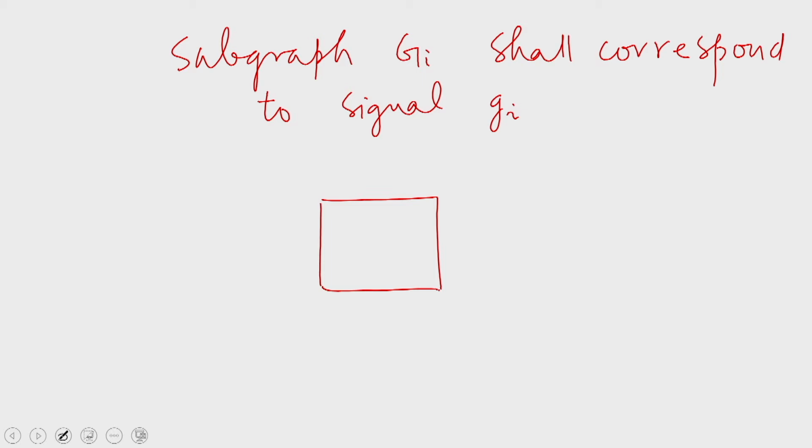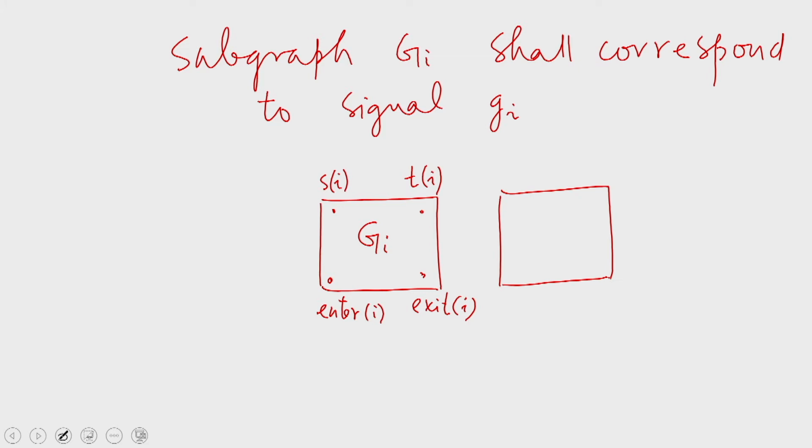So, if this is capital Gi, it will have a vertex named enter i and a vertex named exit i. It shall also have a vertex named S of i and a vertex named T of i. How these nodes are interconnected within capital Gi we shall see in a moment, but let us first see the overall structure of the graph.